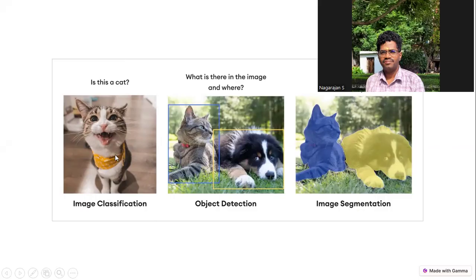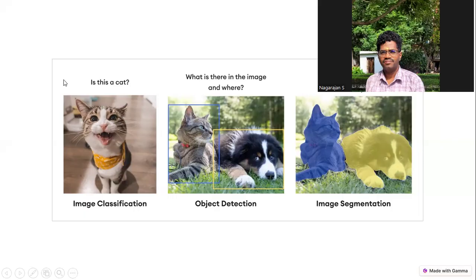But with image classification, we can only identify what the image is. Where exactly the object is, or its accurate location, is not detected by image classification. We don't know whether it's here, in the middle, on the left or on the right.